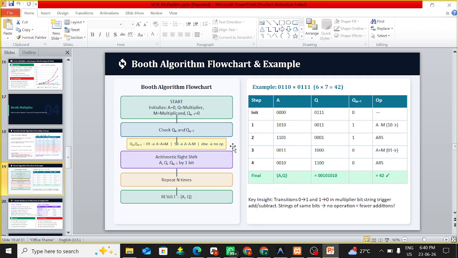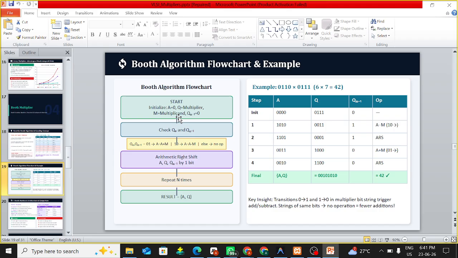The difference between array and Booth multiplier is that in Booth multiplier we are reducing the adders. How? By reducing the partial products. By reducing partial product generation, we reduce the use of adders inside the multiplier.